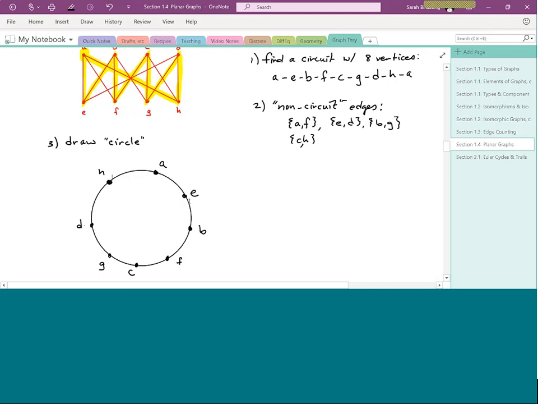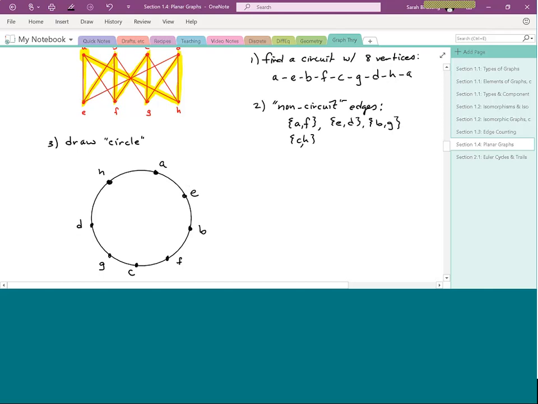Now, each of these little arcs along the circle represents an edge. So at this point, we've actually pulled all of the highlighted edges from the circuit from above. That means the only new edges that you're going to need to add into this picture are the edges that were not a part of the original circuit. Some people will do this as a step 2, and these non-circuit edges as step 3. It doesn't matter. You can do these in either order you want.